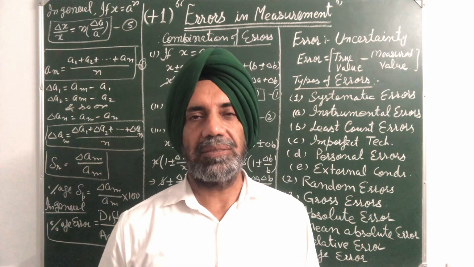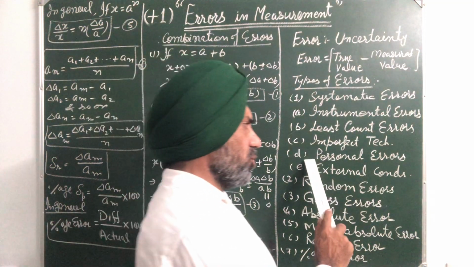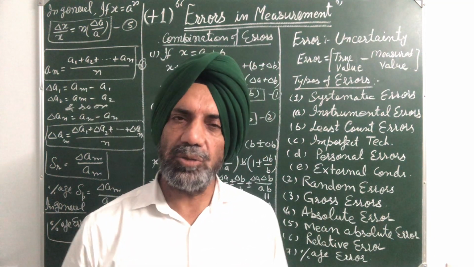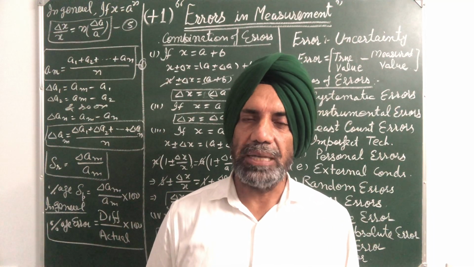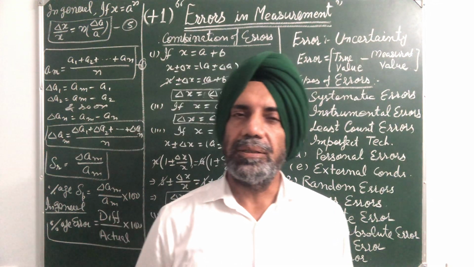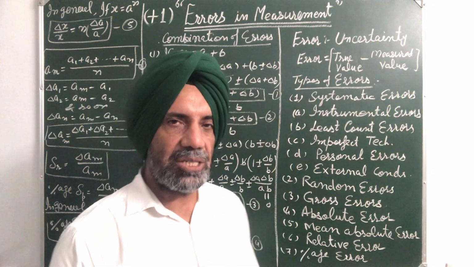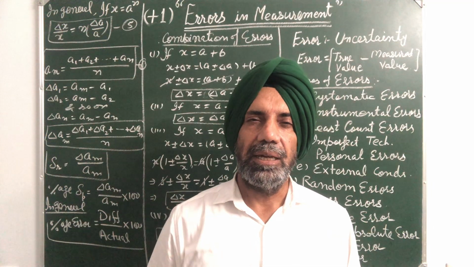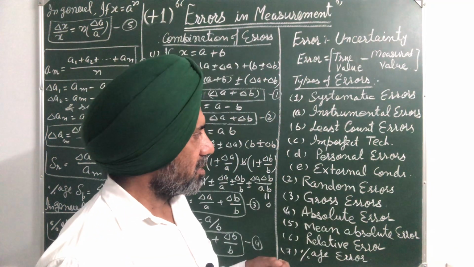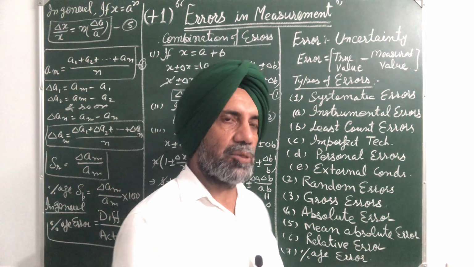Sometimes due to parallax, such errors arise. They can also be minimized by proper training to the students, by taking all observations very carefully and sincerely. So we can avoid personal errors also.